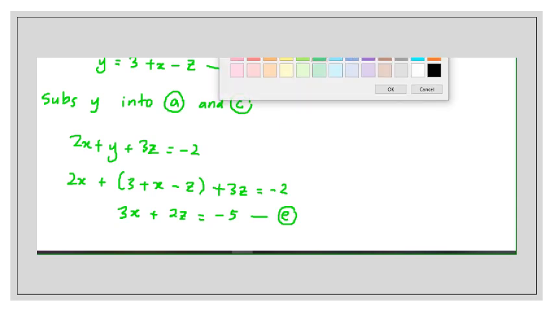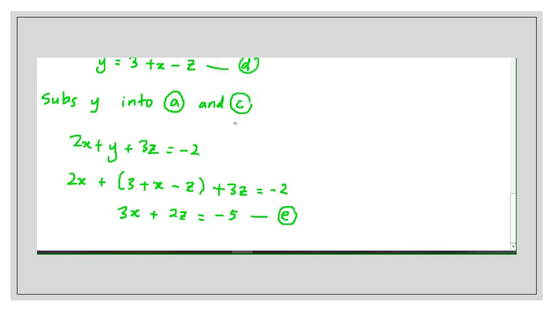Okay, next one is to sub y into C. Sub y into A, we already got the answer. Sub y into C, now we do right here. Your equation C is 3x minus 2y plus 3z equal to negative 12. Then sub: 3x minus 2 bracket 3 plus x minus z, plus 3z equal to negative 12.